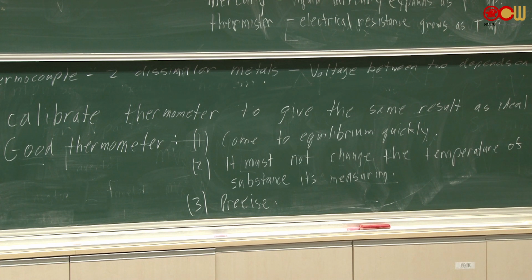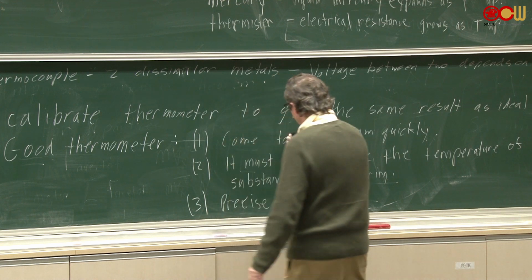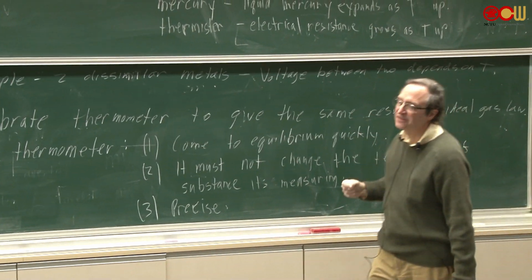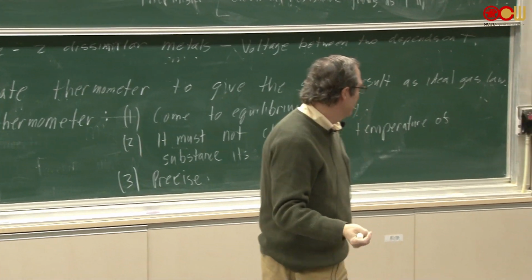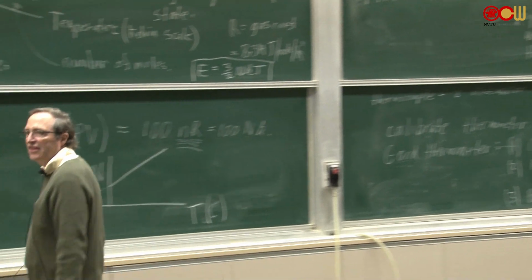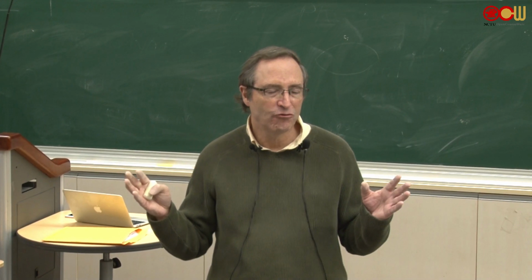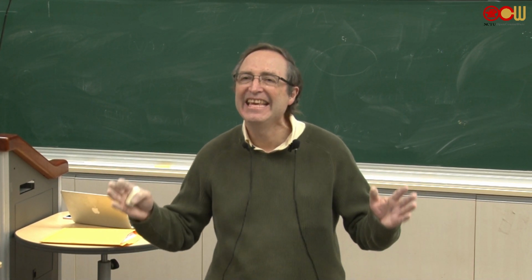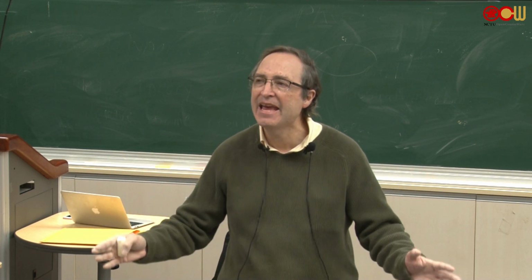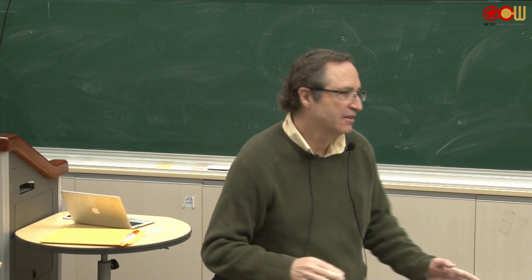All right, so that has to have some level of precision. So whatever the property is that's varying has to vary significantly with temperature. So that's what a thermometer is. It relies on coming to equilibrium. By equilibrium, we mean the same temperature as the substance.